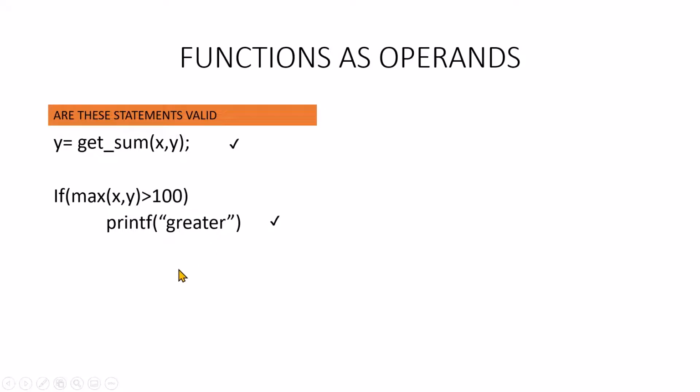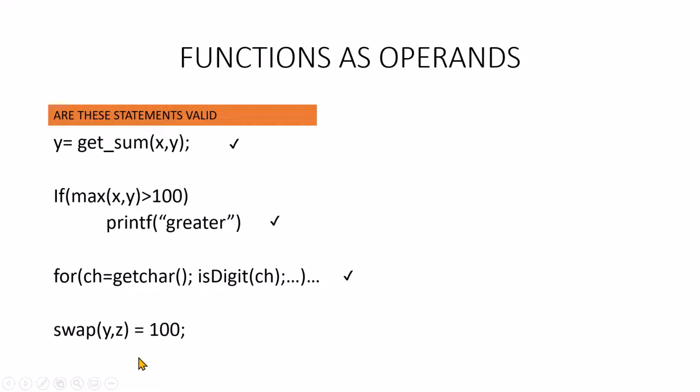That's also valid. What about this one? For ch equal to getchar, isdigit(ch). That's also valid. But what about this one? We cannot have a function on the assignment side of the statement, and therefore this is not allowed or invalid.